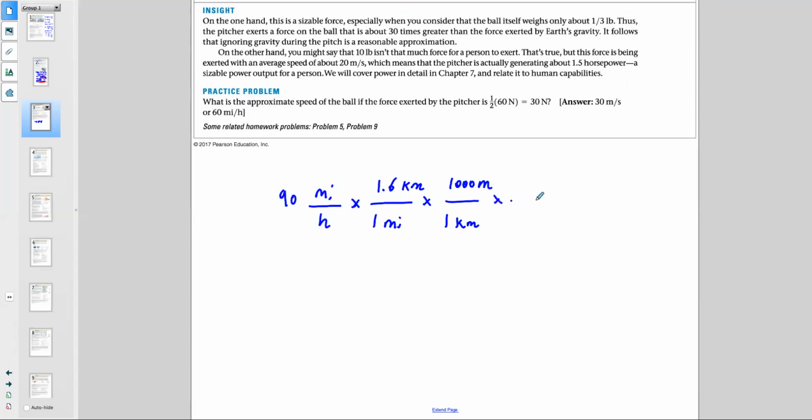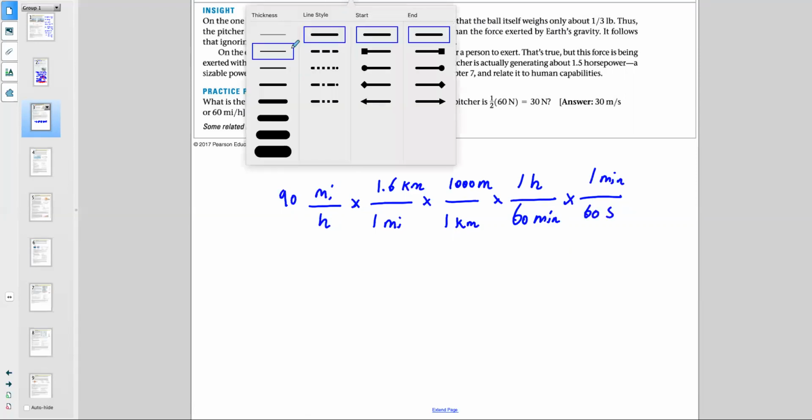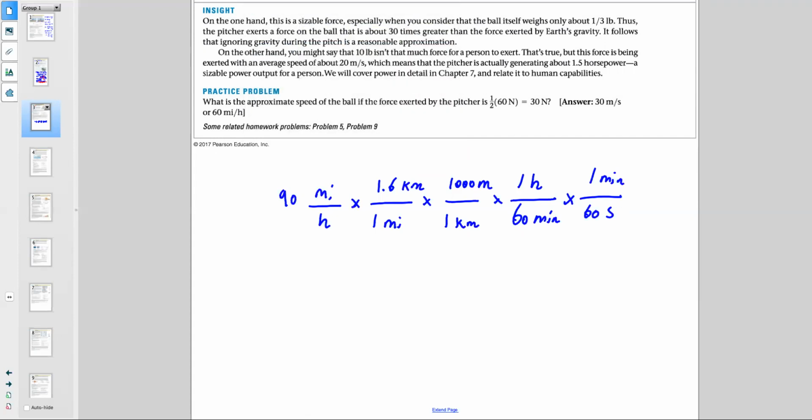So I know 1 hour is 60 minutes, and 1 minute is 60 seconds. So this minute and this minute will cancel out. This hour and this hour will cancel out. Kilometers and kilometers will cancel out. Miles and miles will cancel out.